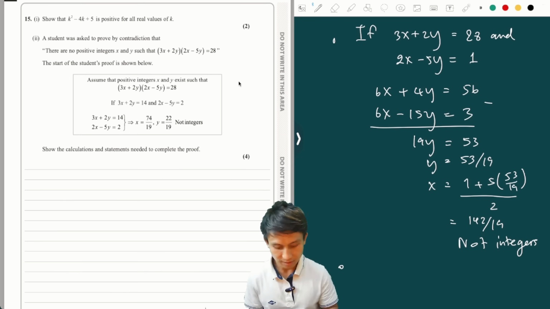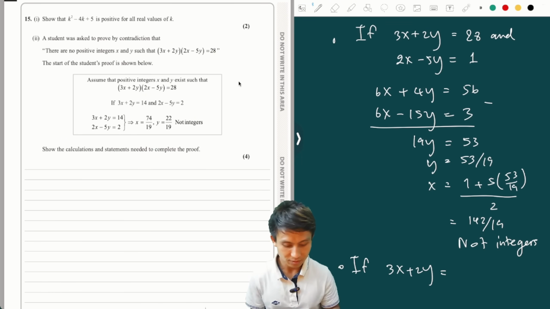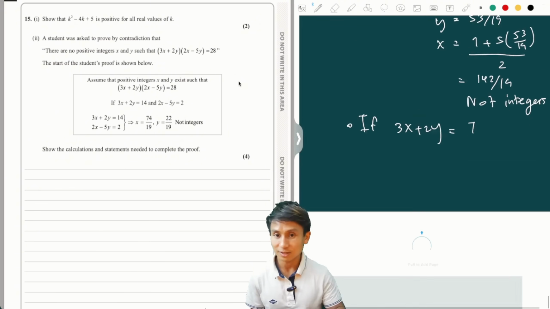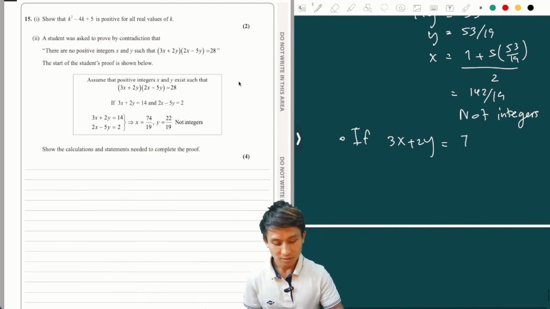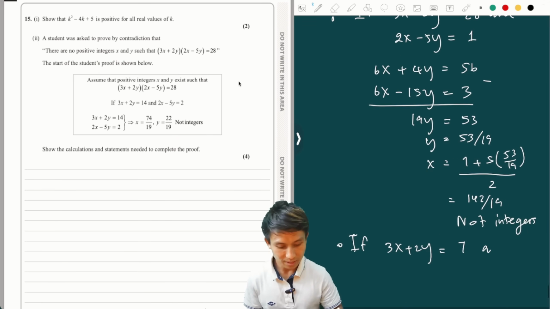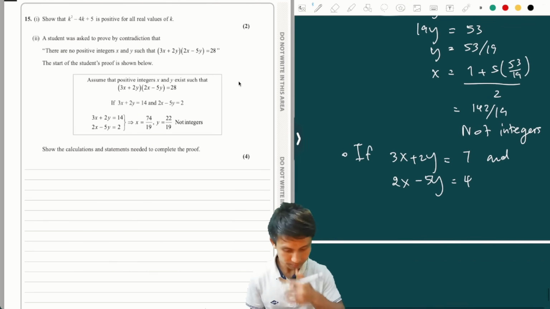The other case: 3x plus 2y equals 7. Yeah, 7 isn't done yet. They just did 14 and 2. And 2x minus 5y equals 4, right?